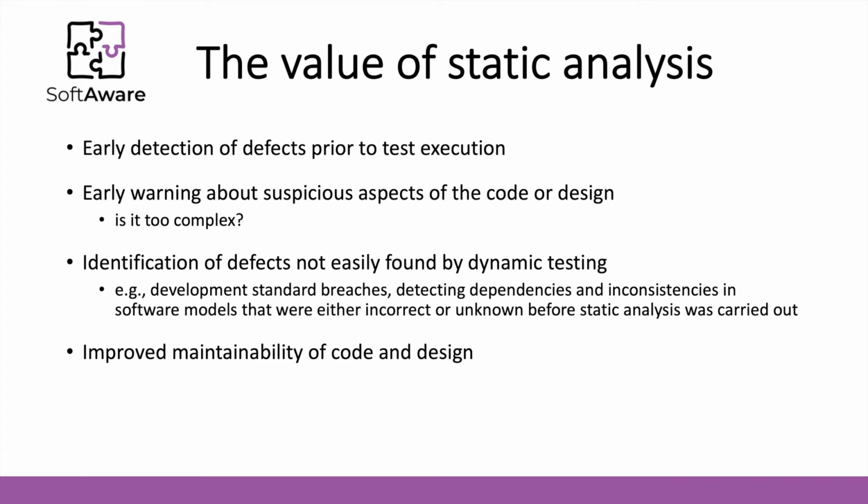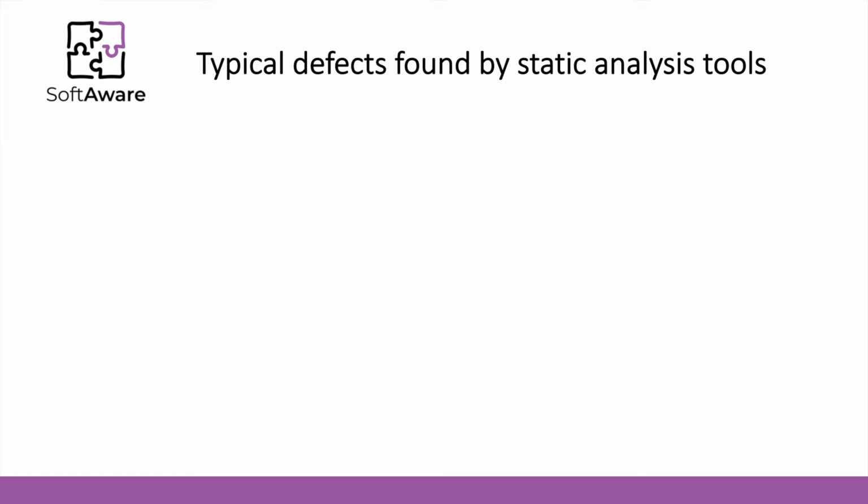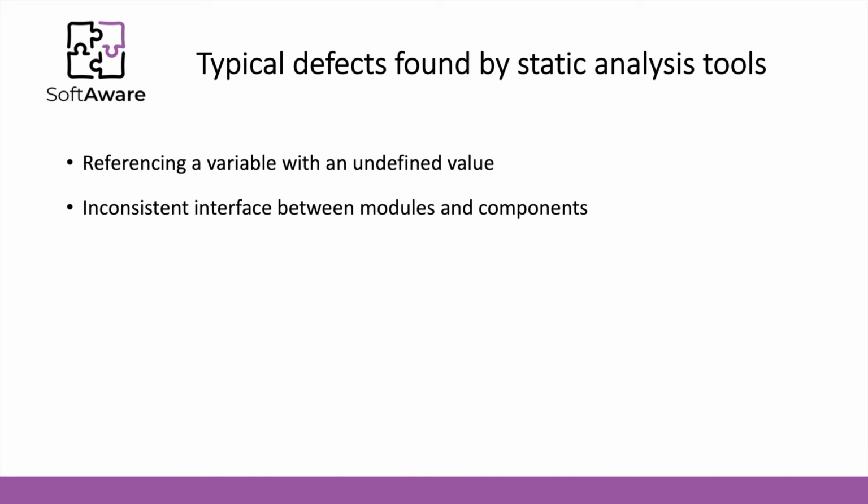It also allows us to have an improved maintainability of code and design and to augment the prevention of defects. Typical defects found by static analysis tools include referencing a variable with an undefined value, for instance using a variable as part of a calculation before the variable has been given a value; inconsistent interfaces between modules and components, for instance module X requests 3 values from module Y which has only 2 outputs; and variables that are never used.